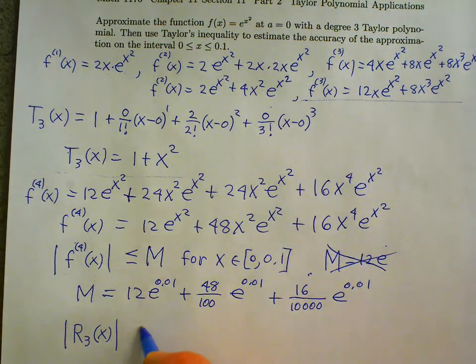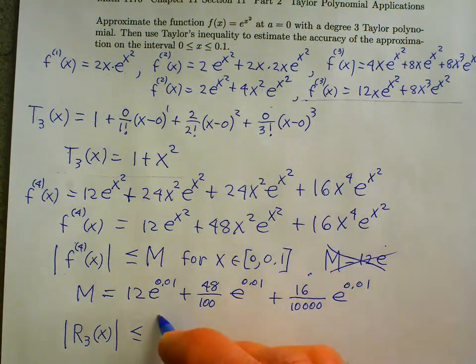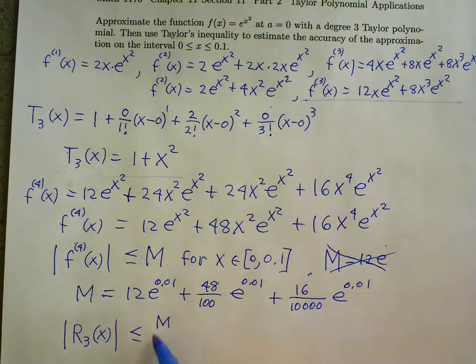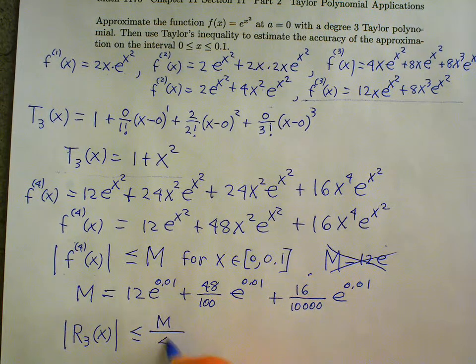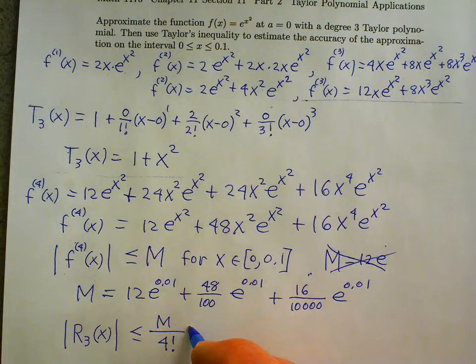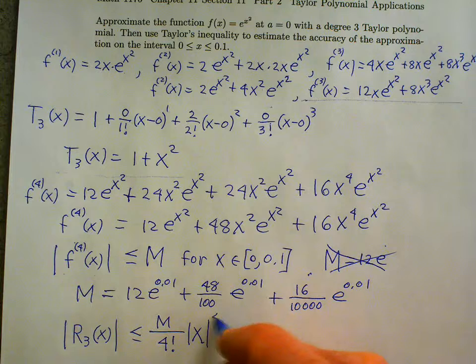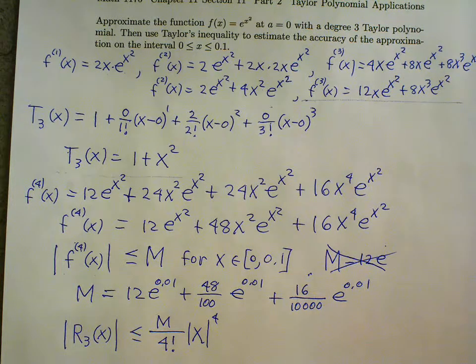So this is less than or equal to the number m up there divided by 4 factorial times the absolute value of x minus 0, or just the absolute value of x to the fourth. And this is for values of x between 0 and 0.1. And so this will be as large as possible when x is 0.1.